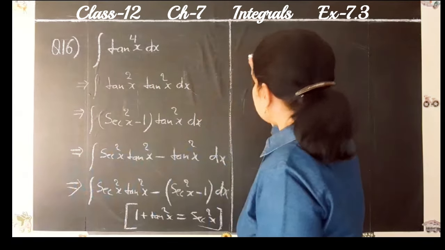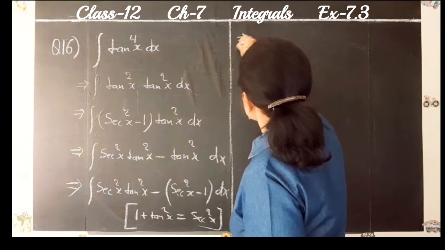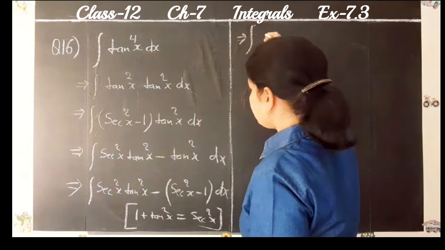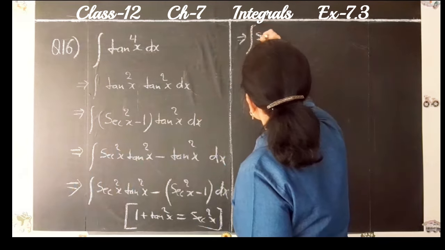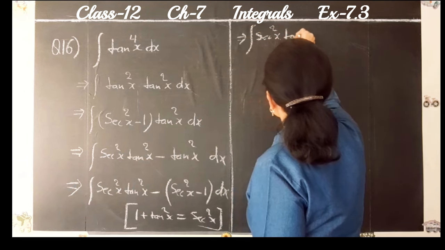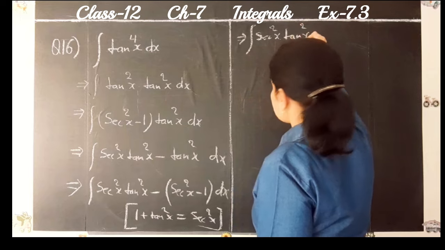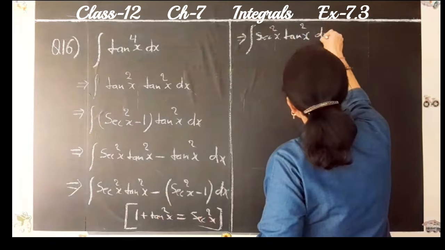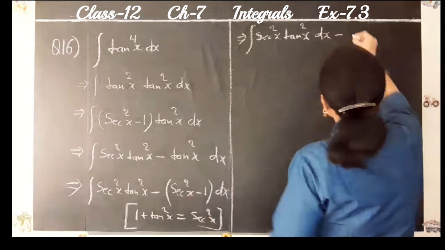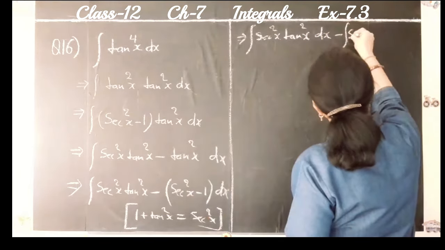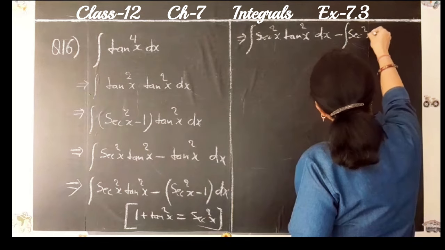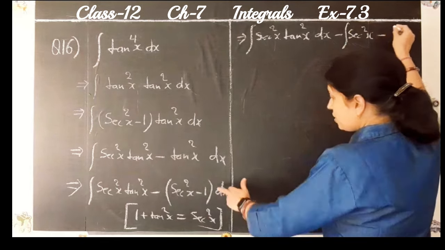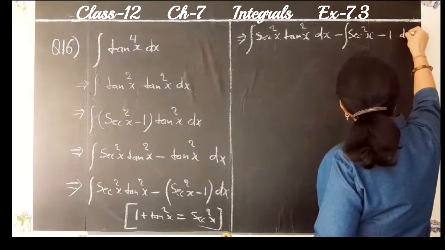So now we can write our integral. This one is integral of sec square x into tan square x. Write them separately. Okay, first one. So this one is first integral minus, write again integral of sec square x minus 1 dx.